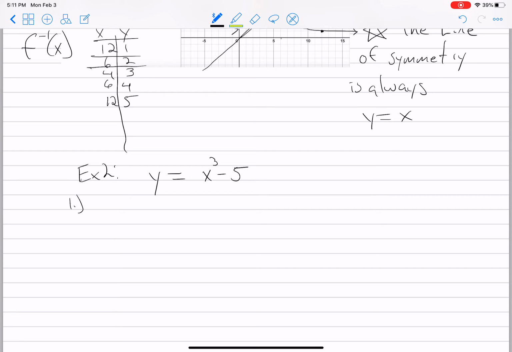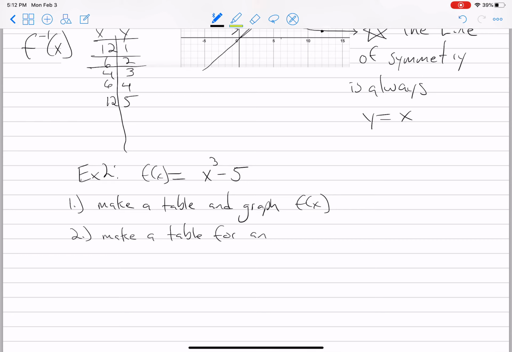So the first thing I want you to do is make a table and graph f of x. And then second thing I want you to do is make a table for and graph the inverse of f of x.